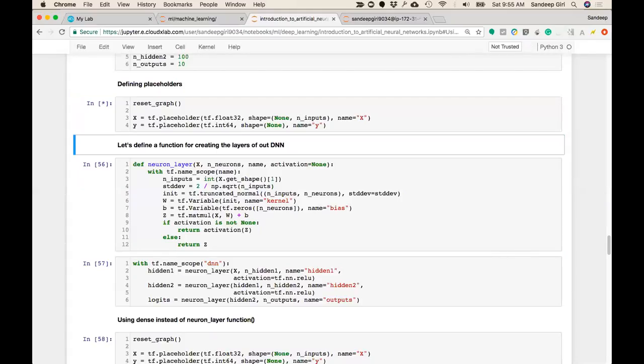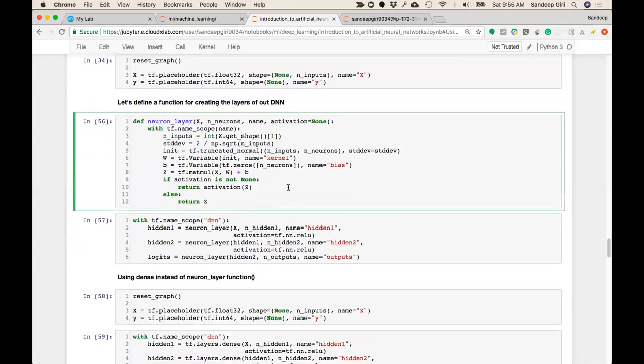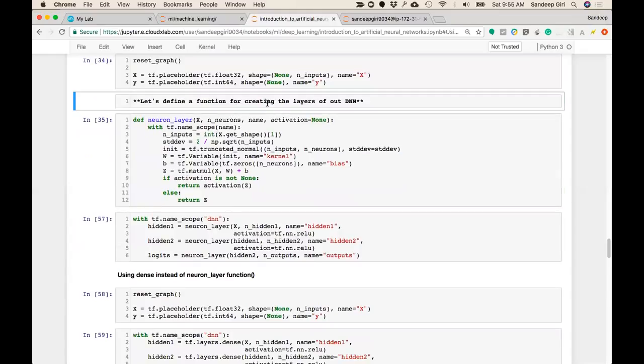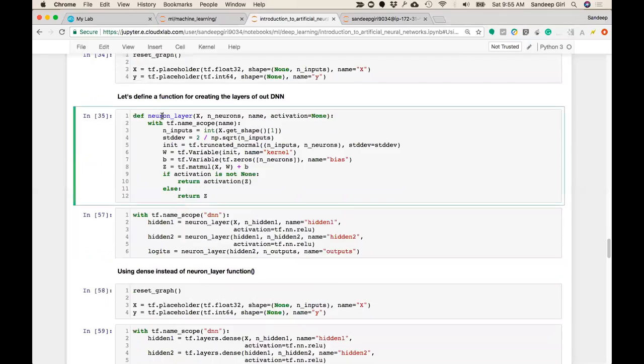Great. So what we learned was here, right? We have created X and Y as placeholders, and here we are defining a function for creating the layers of our DNN. Now this function is a generic function. Remember in the last session we discussed how to create your own function to create a layer or ReLU, right?